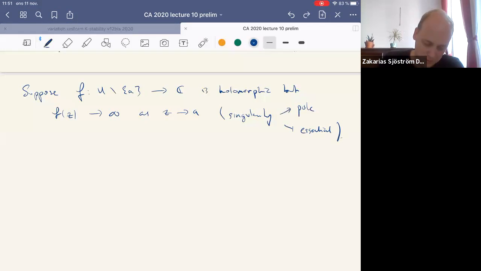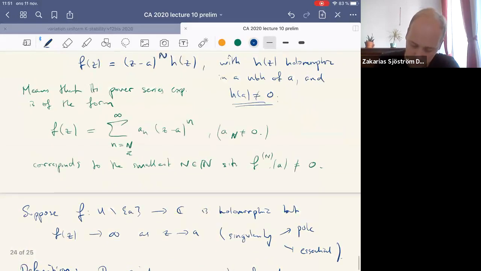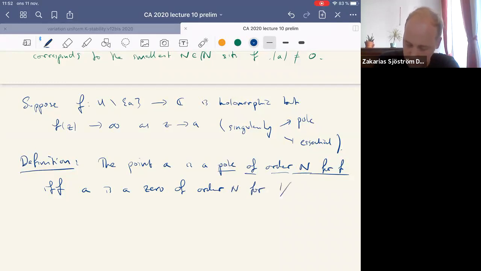Okay. So the key definition that you have to know is this: the point a is a pole of order n for f if and only if a is a 0 of the same order, but for 1 over f.